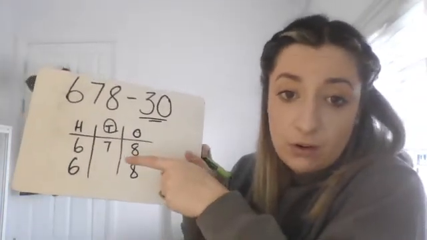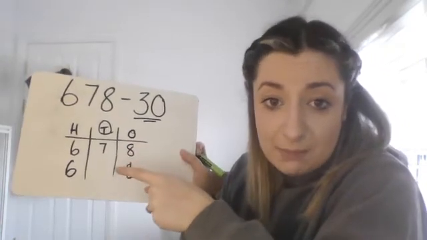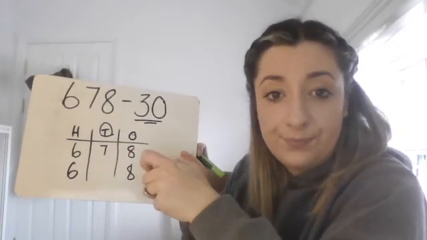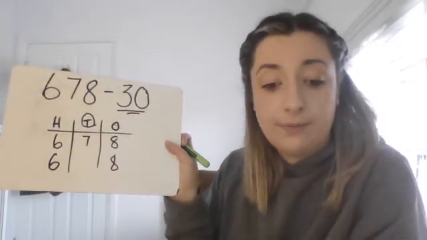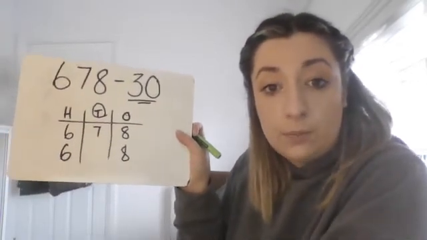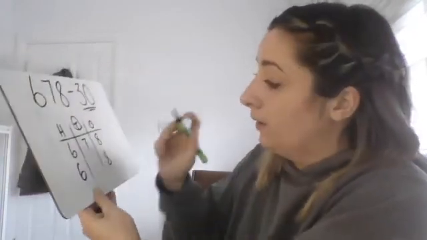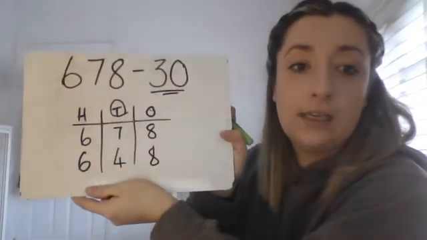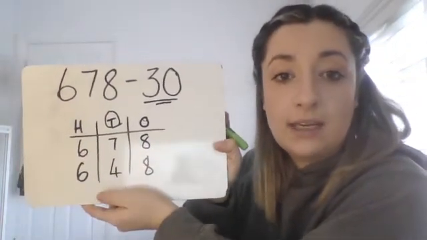Now before, when you've done A, that will give you the answer. You need to make it 10 times bigger. So we need to do 7 take away 3. Do that in your heads now for me. Okay, and it should be 4. So 70 take away 30 is 40. I'm going to put 4 in my tens column to represent 40. And there is my answer, it's 648.